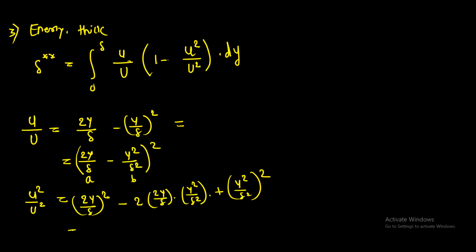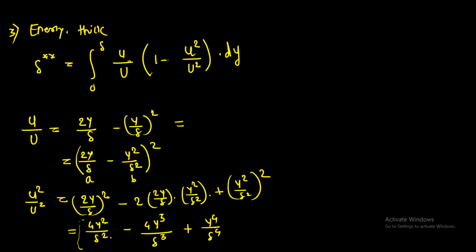So with this we can find out u square by U square. So first is 4y square upon delta square, minus 2 is a b, 4y cube upon delta cube, plus y raised to 4 divided by delta raised to 4. So this is the value of this term u square by U square.